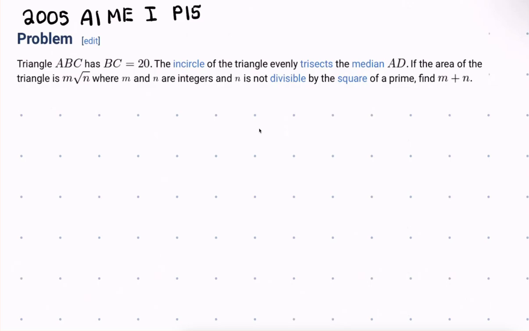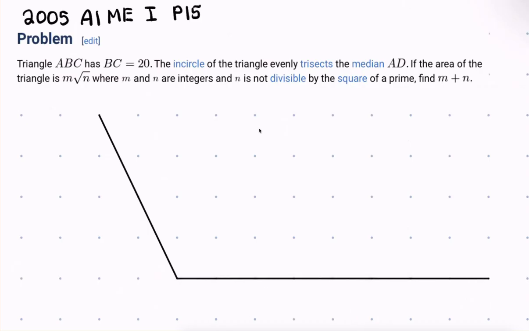So, when we see a geometry problem at the AIME, and it's problem 15 with such a short sentence as our problem statement, we always try to draw a really good diagram. So let's try to draw this triangle. And here. And say that this is the median.